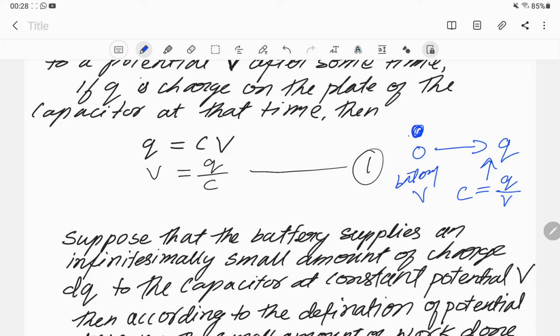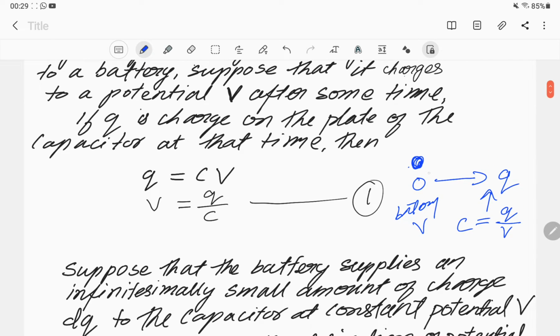When the capacitor has charge Q, at that time the capacitance is Q by V. Initially the capacitor has charge 0.